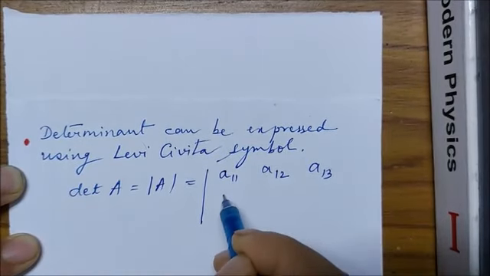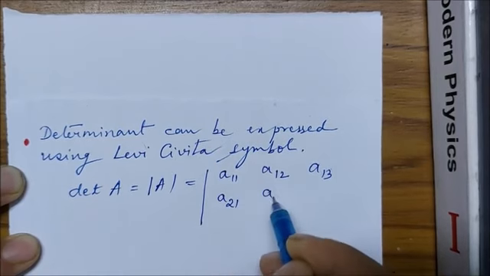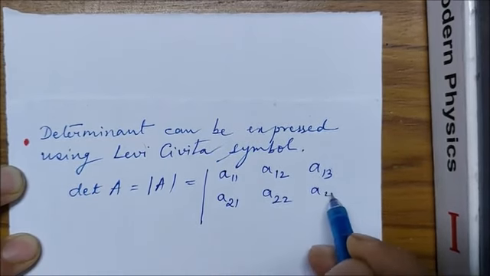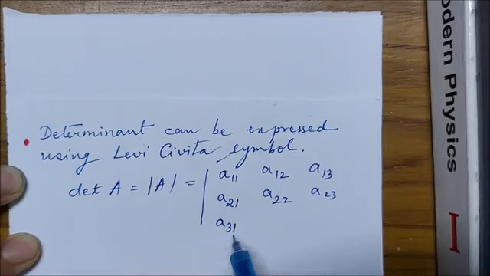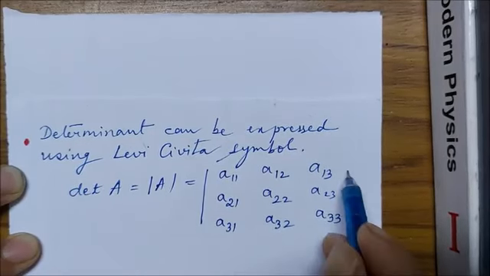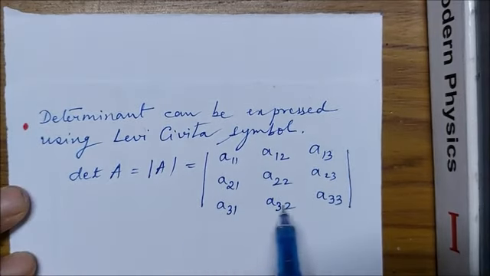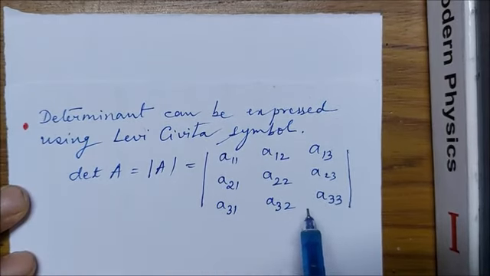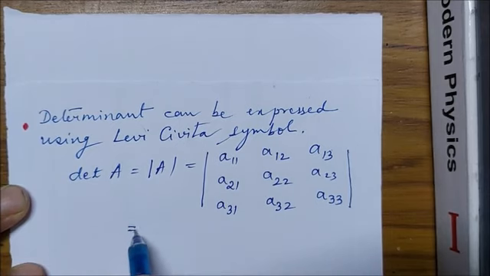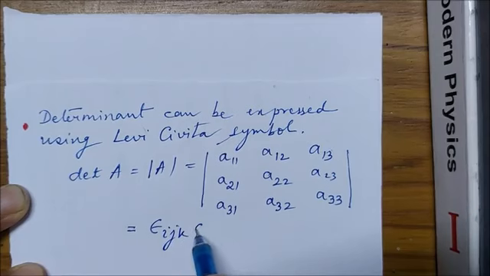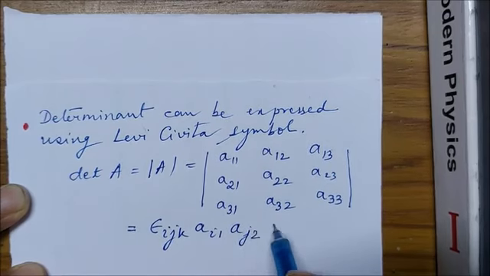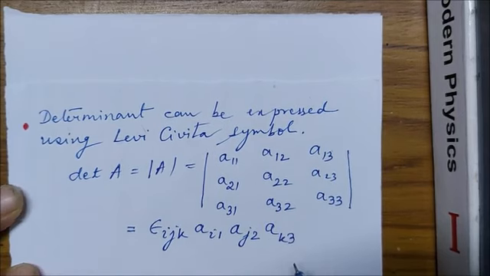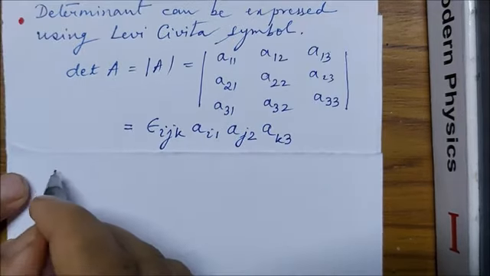This is the first row, the second row being A21, A22, A23, and the third row is A31, A32, A33. Instead of taking so much time to write this determinant, we can equivalently express it in terms of Levi Civita symbol by writing, and we'll check it now. Let us make a check.